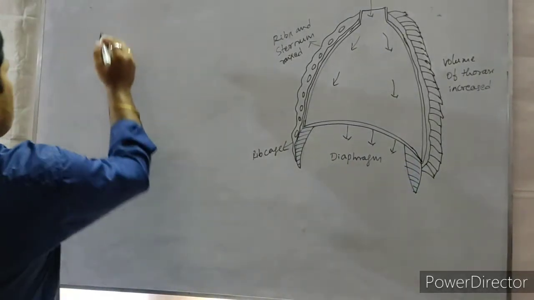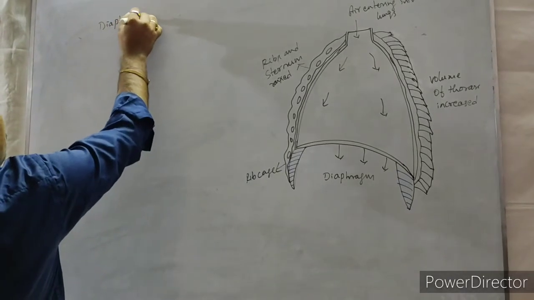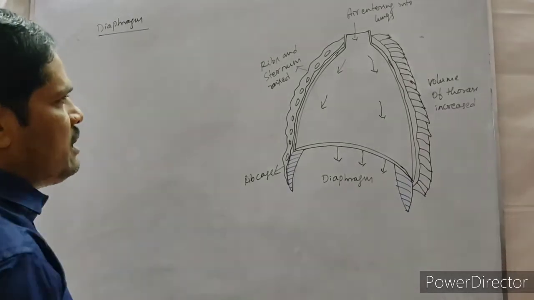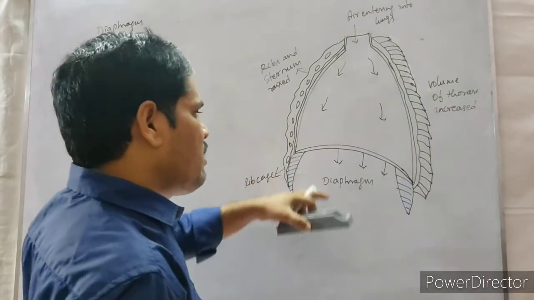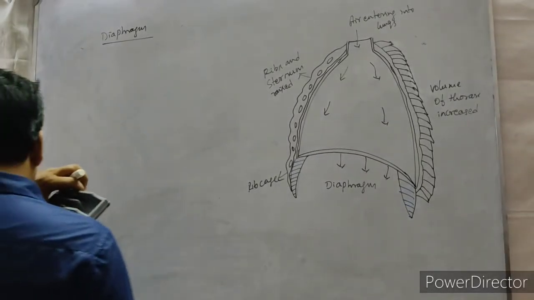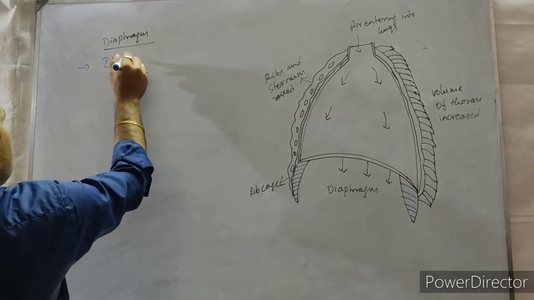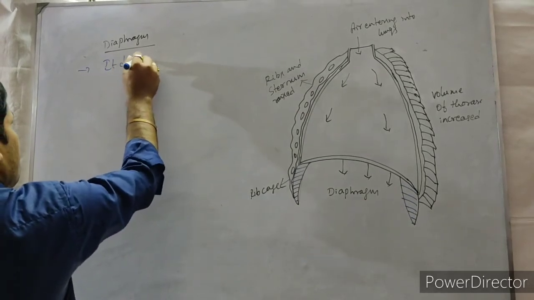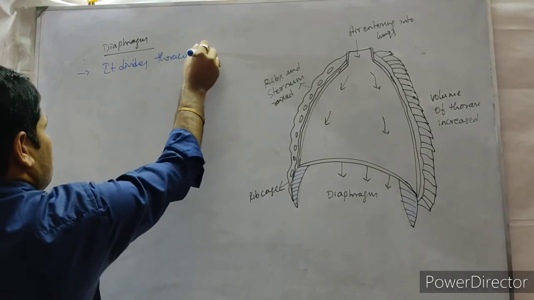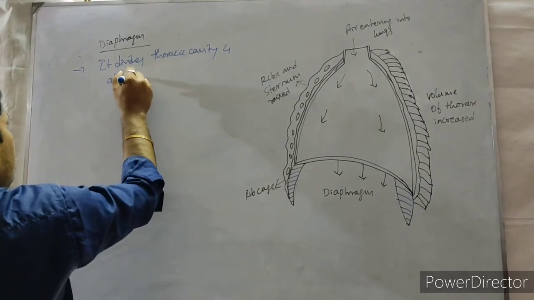What is the importance of the diaphragm? The diaphragm divides the thoracic cavity and the abdominal cavity.